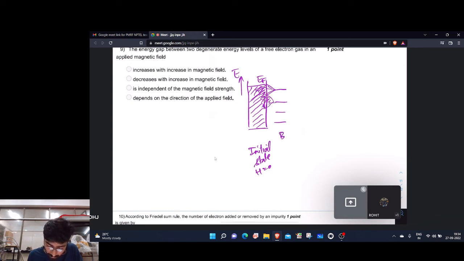Let's say this is B1, and if we increase the magnetic field, then the difference between these states increases, and the effective difference between energy states increases. Let's say B2, provided that B2 is greater than B1. So this is what we found experimentally, that on increasing the magnetic field, the energy gap between these degenerate energy levels was found to increase. So the energy gap between two different energy levels increases with increase in magnetic field.